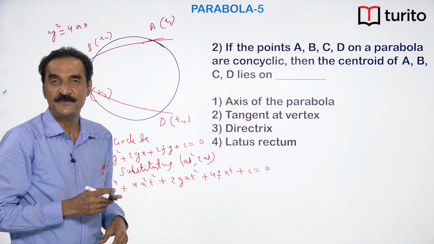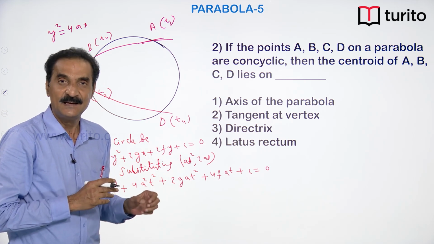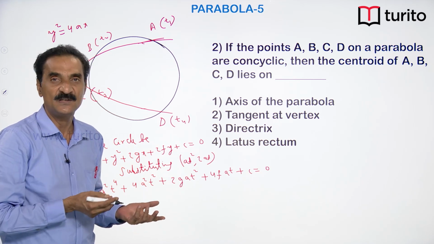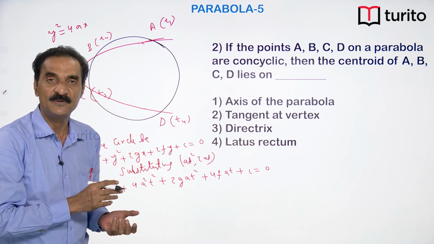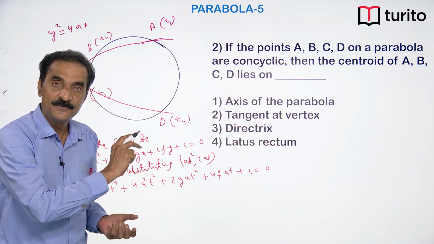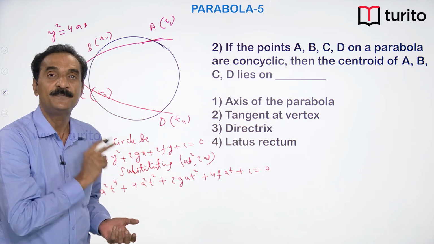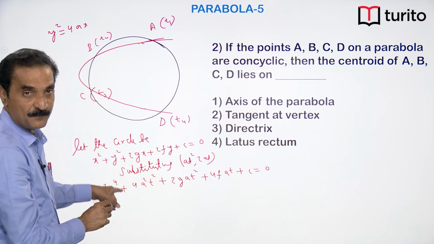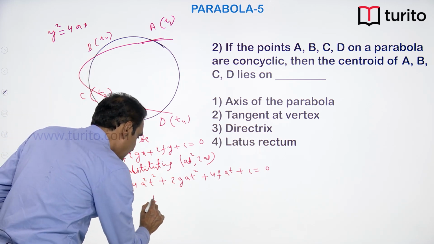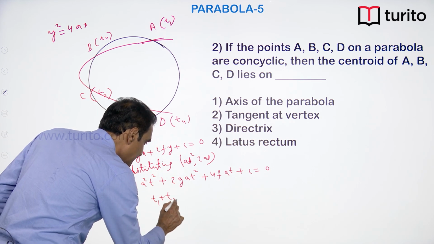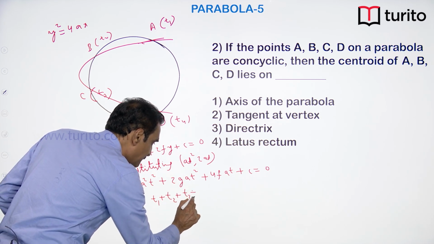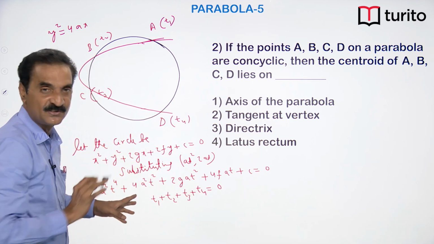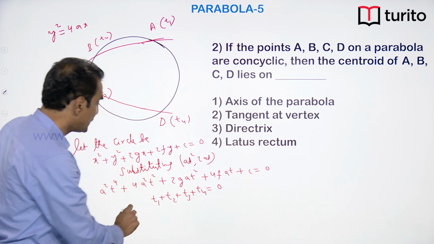When the T cube coefficient is absent, the sum of the roots of this 4th degree equation will be 0, because the sum of the roots of a polynomial equation is minus the coefficient of the 3rd degree term by the coefficient of the 4th degree term. So, T1 plus T2 plus T3 plus T4 is 0 because the T cube coefficient is 0. So, this is the relation between the parameters.